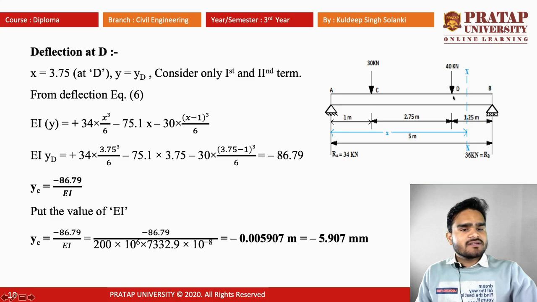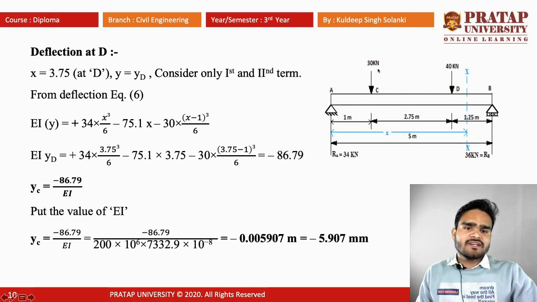In this case, D is in the region from C to D, so we can consider the first and second terms. The first term is due to the 34 kilonewton force, and the second term is due to the 30 kilonewton force.